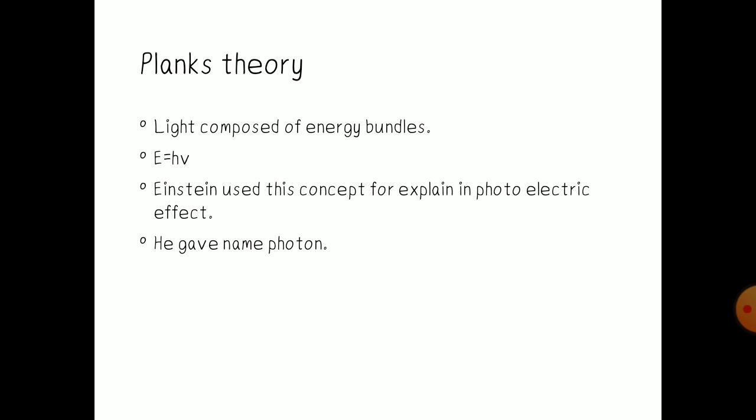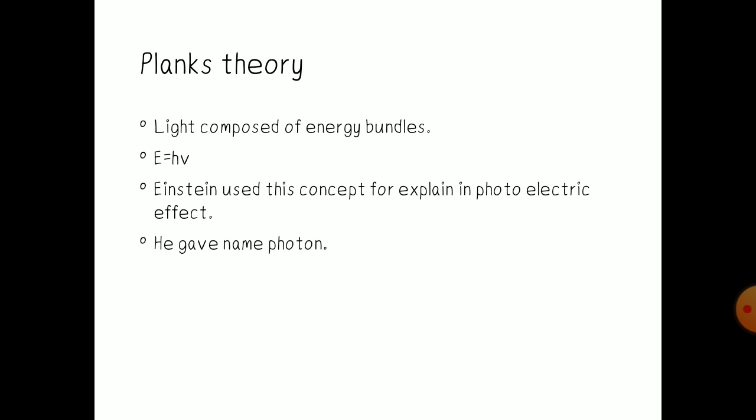The more the frequency, the more the energy. That's why, if you look at the electromagnetic spectrum, ranging from radio waves to cosmic rays, the energy of ultraviolet light is greater than that of visible light, because visible light has lower frequency than ultraviolet light.